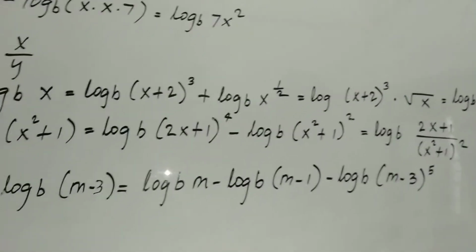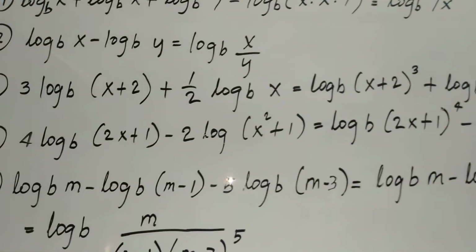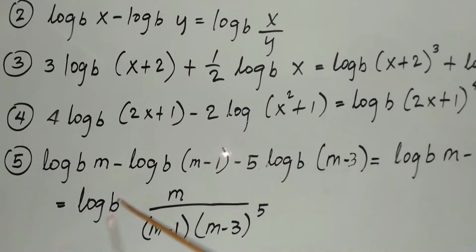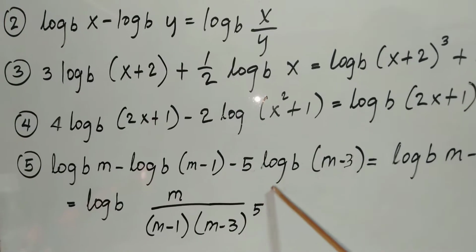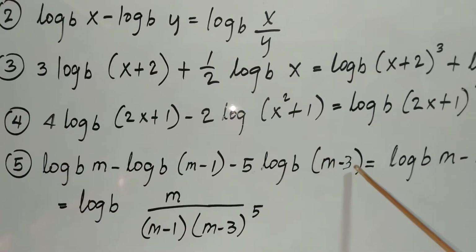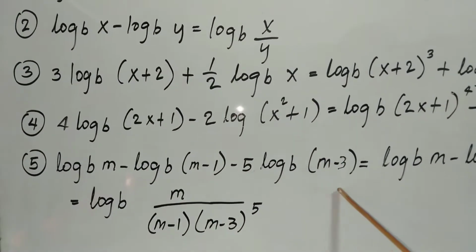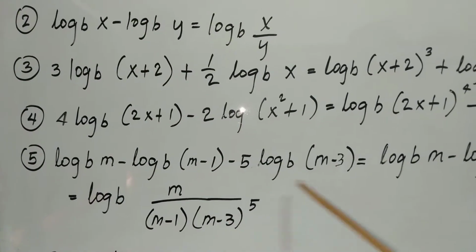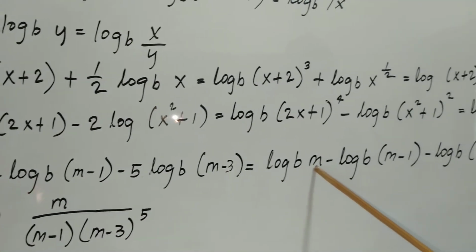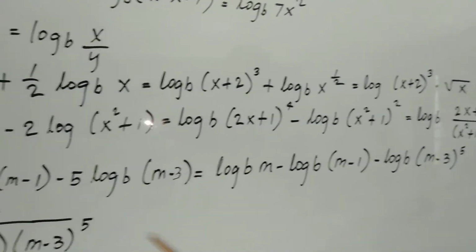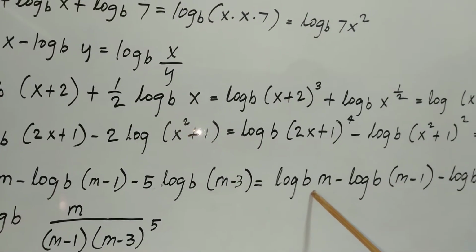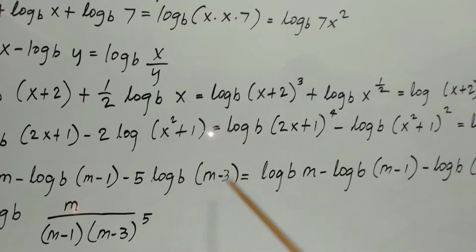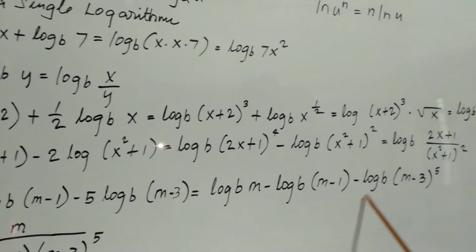For number 5, we have logarithm base b of m minus logarithm base b of m minus 1 minus 5 logarithm base b of m minus 3. So this one becomes the logarithm of the quotient. But first, we're going to express this one in the power form.